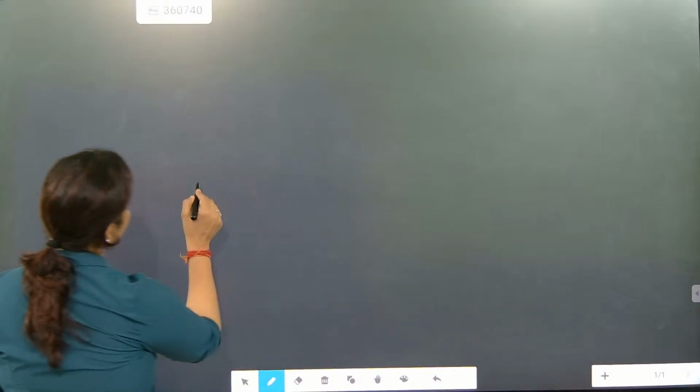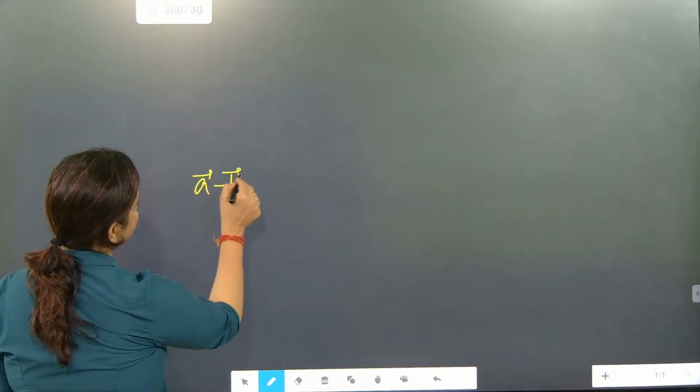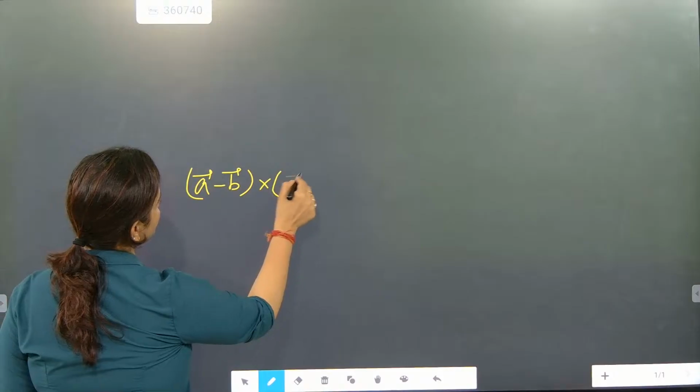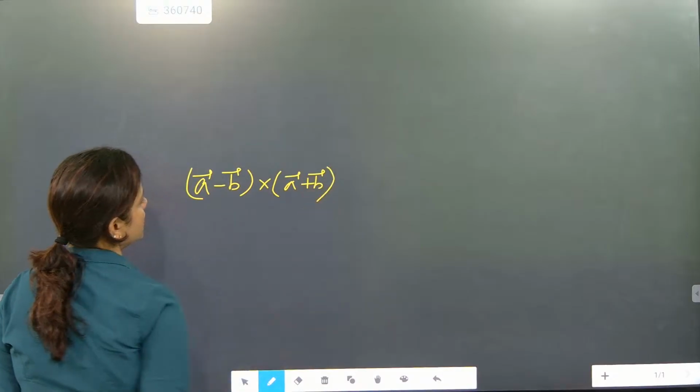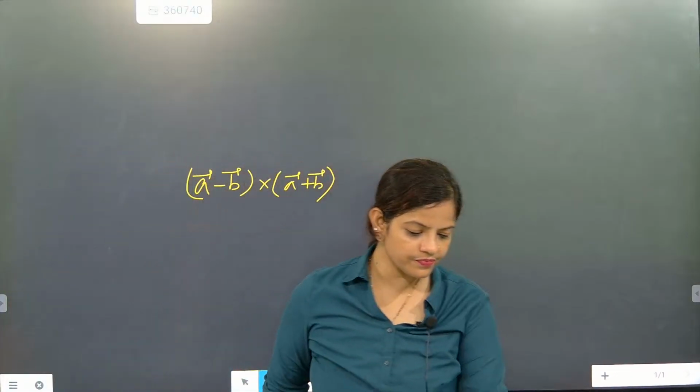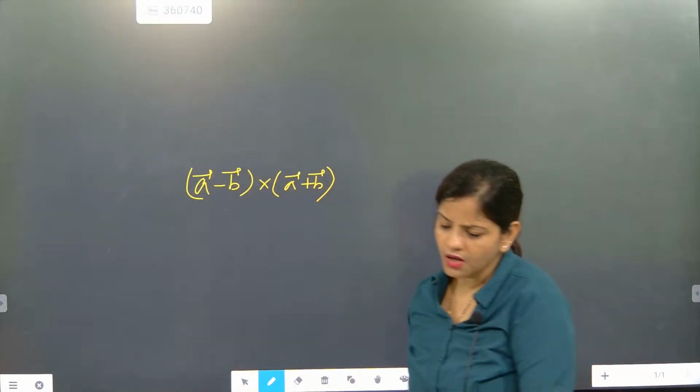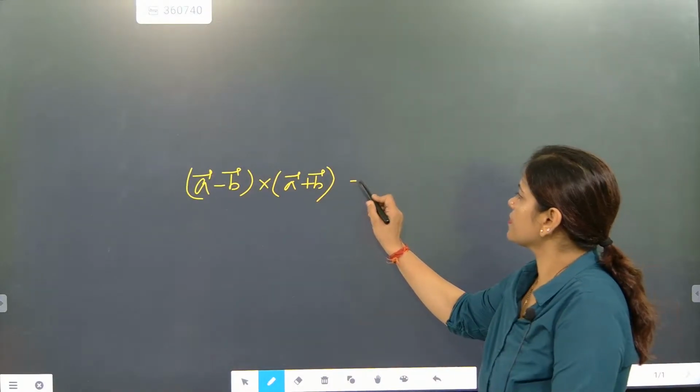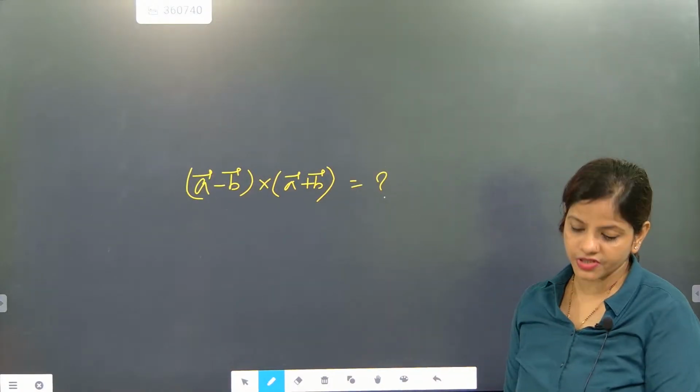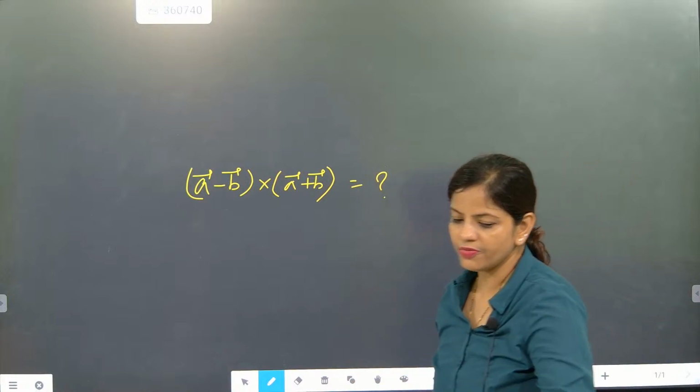So what is the answer coming as? A vector minus B vector cross product with A vector plus B vector. When you do this, what answer will be coming? One mark question. Come on, solve it. Try to give me the answer for this.